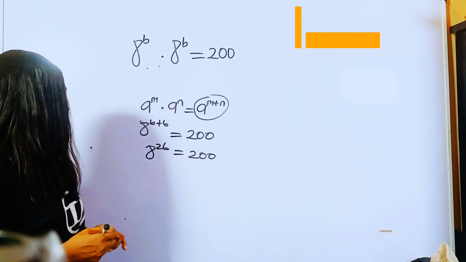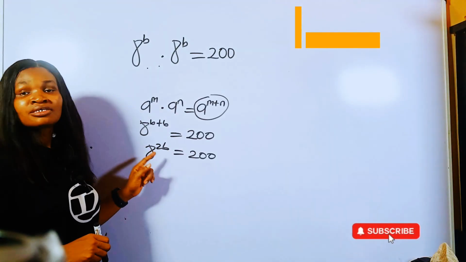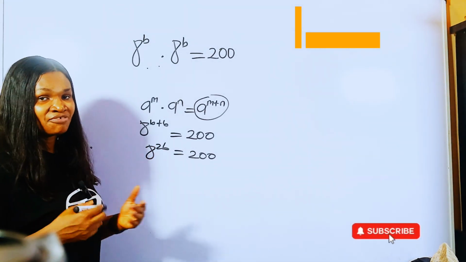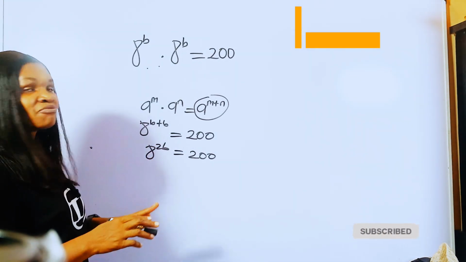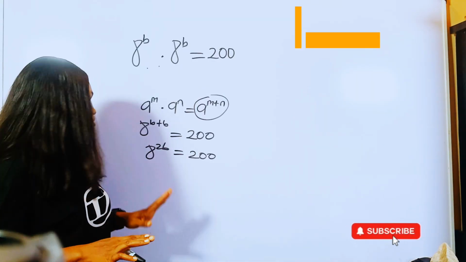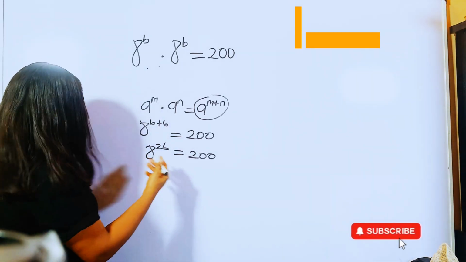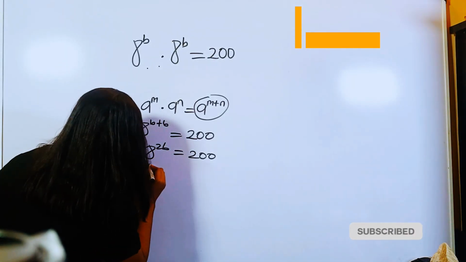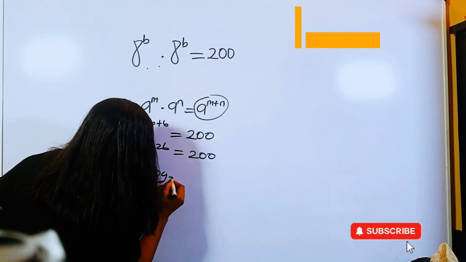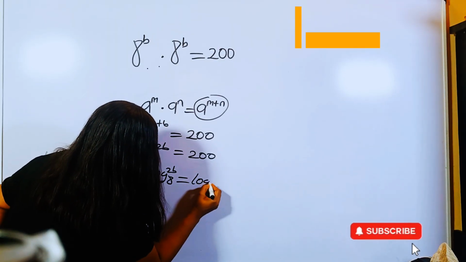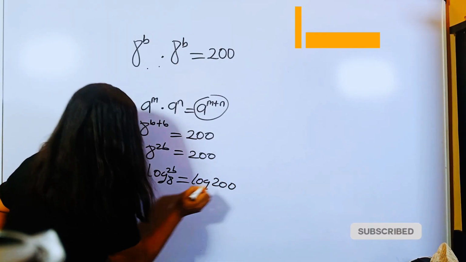Now, if you notice, 8 is raised to the power 2b, and b is a variable. Once any number has a variable as an exponent, let's find the log of both sides. We now have log 8 raised to the power 2b equal to log 200.